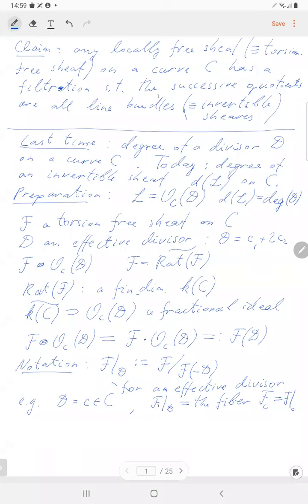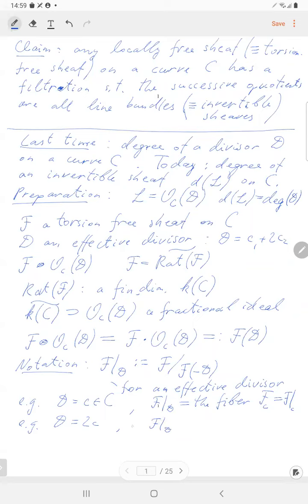Okay, but now say if D is twice this point, then set theoretically this is just one point, small c, with multiplicity 2.